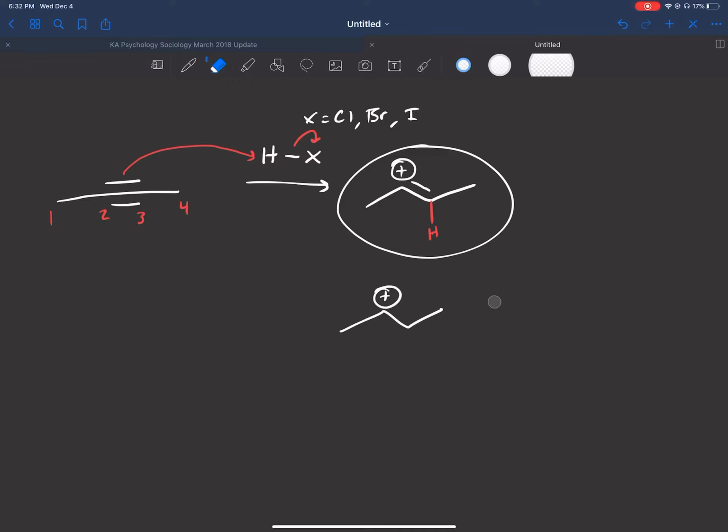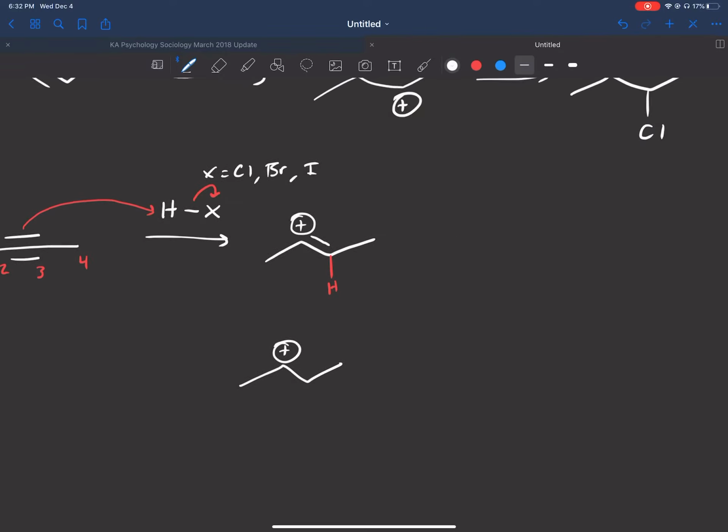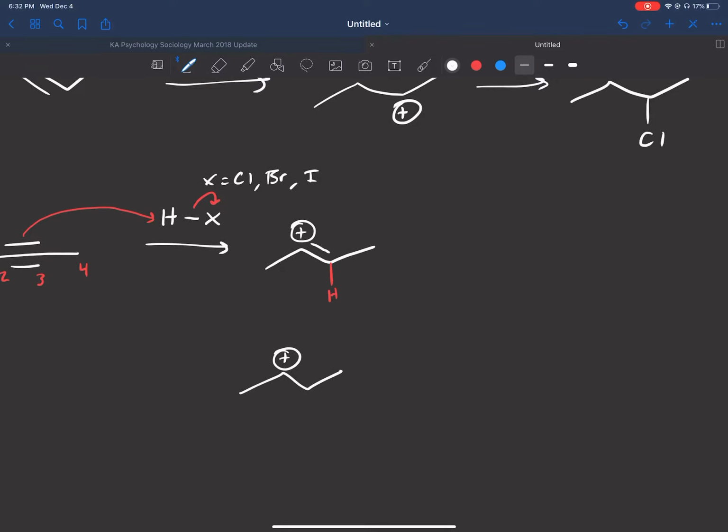So it's going to proceed a lot slower than if we had an alkene. Now what can happen is our halogen X minus is going to attack that carbon, giving us this compound, X, and here's our H. Okay?